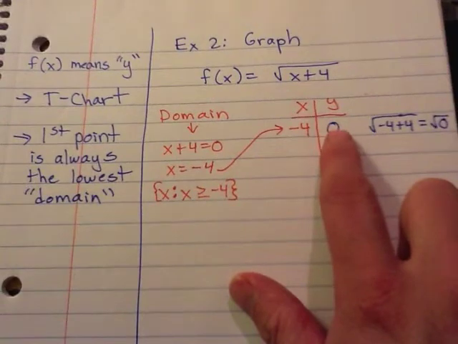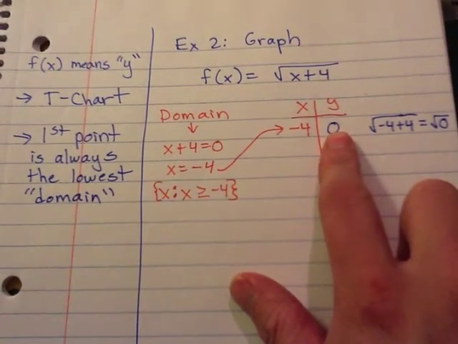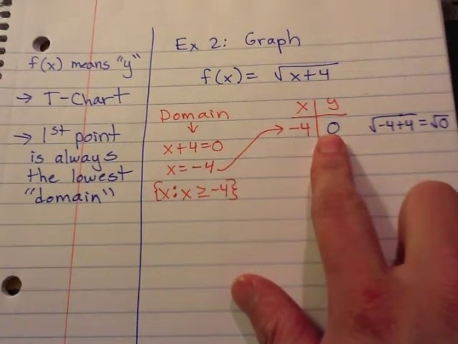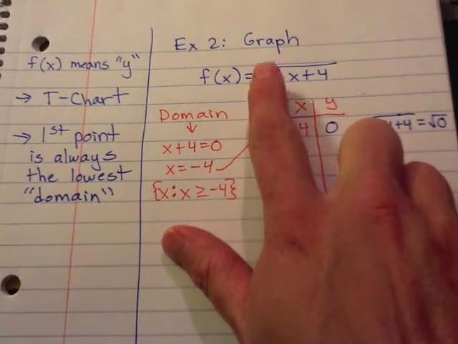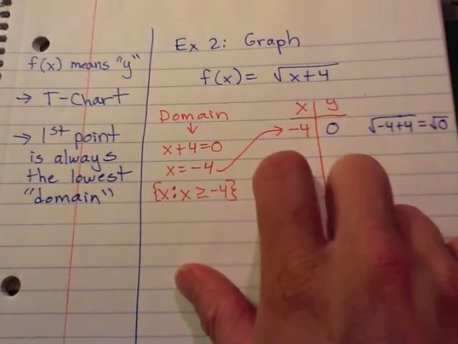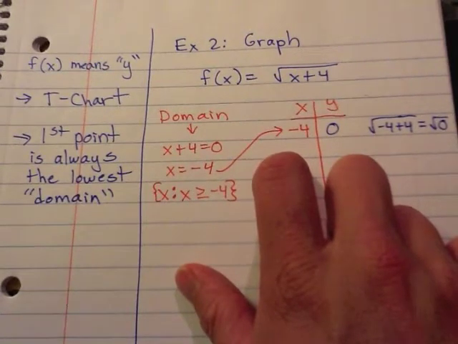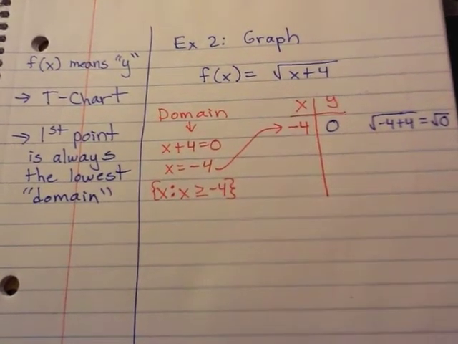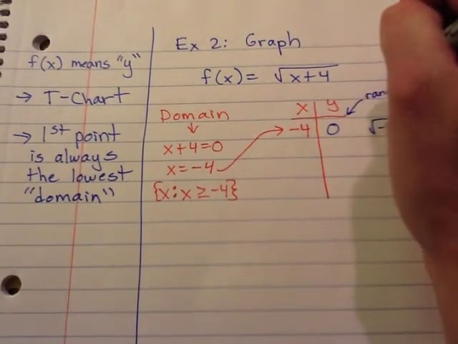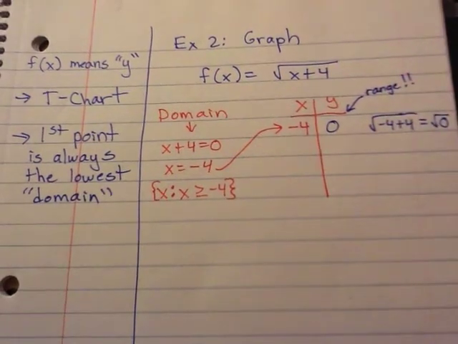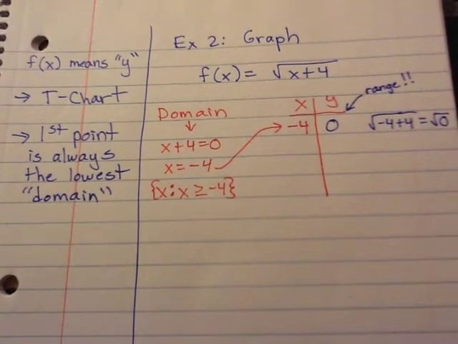Range is based on this right here. So now we know all the y values are only going to go up from 0. And they're going to go up because that's positive in front of that square root. Same rules are applying. So give yourself a little note right here. This is my range. Okay, that's starting my range right there.